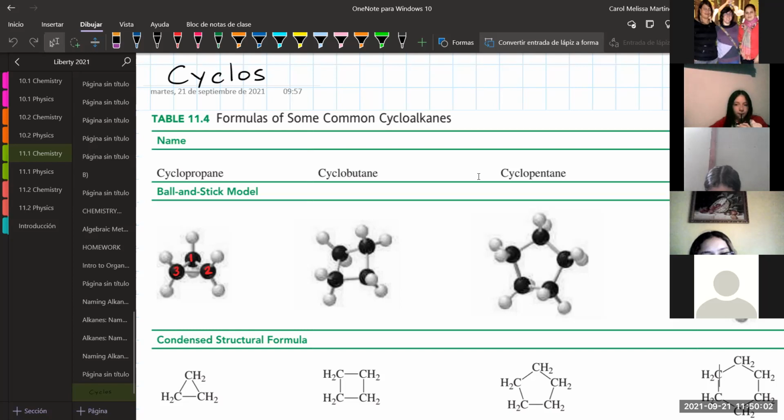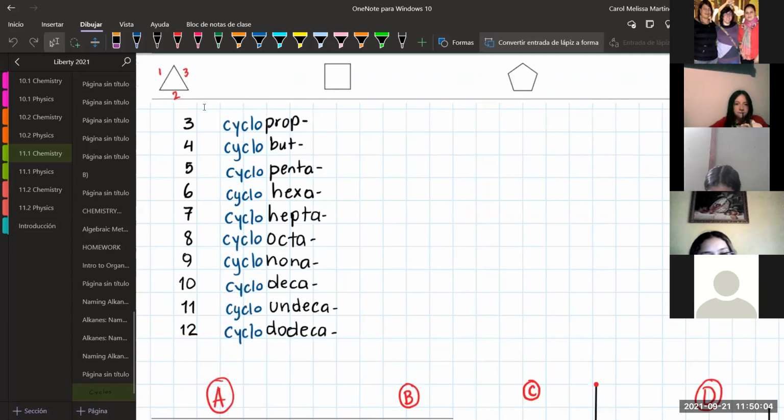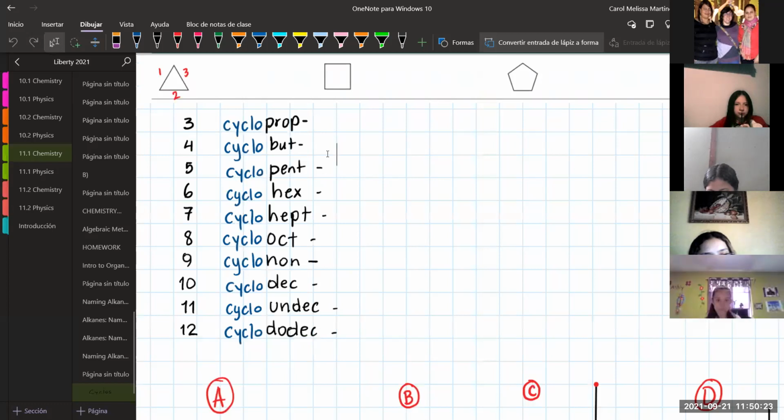Because we have 3, the name of that cyclo is going to be cycloprop, because prop is the prefix that we use to indicate 3 carbons.